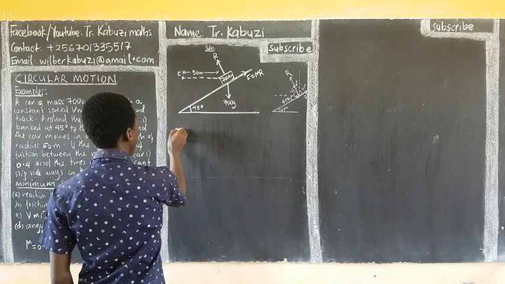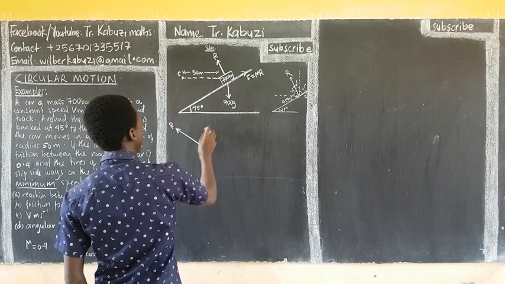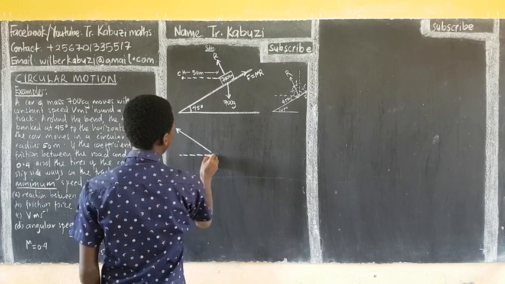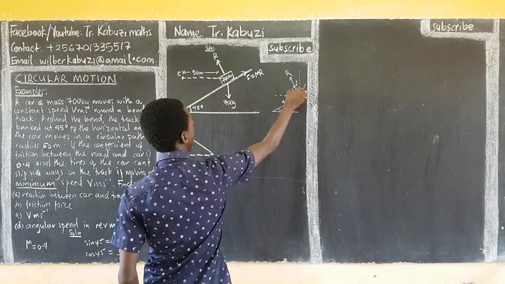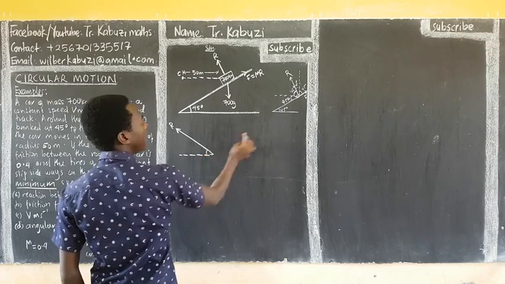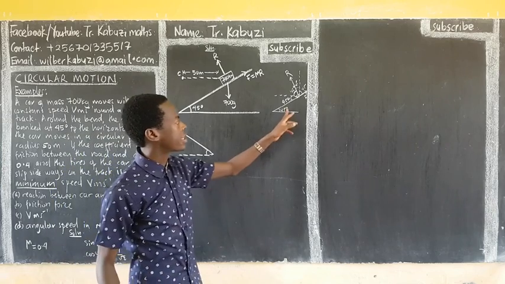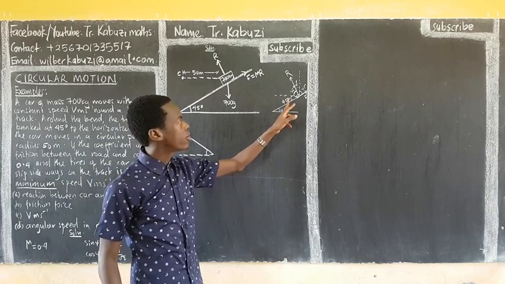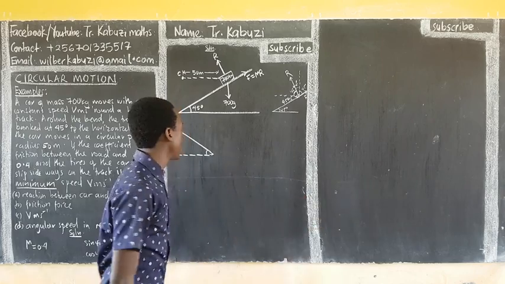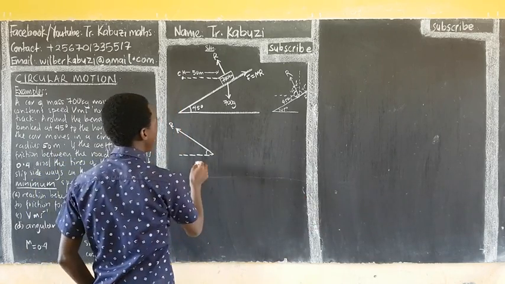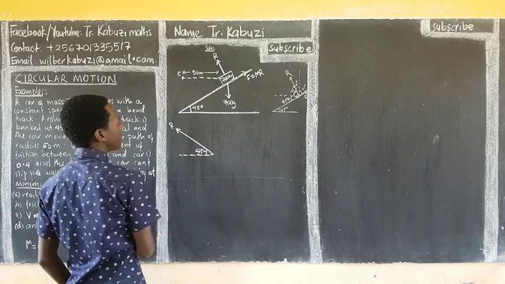So this is going to be our reaction in this direction. The horizontal here, that angle is 45. If this is 30, this will be 30, this will be 60. If this is 20, this will be 20, this will be 70. It's like that, simple. I'm just using 45 for my reasons. So this is going to be 45 degrees.